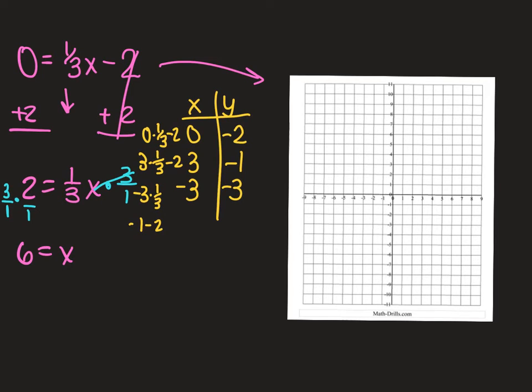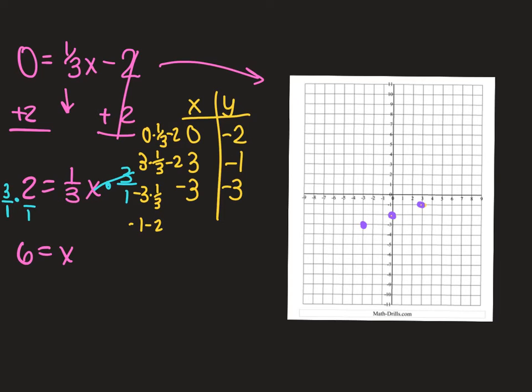So I've got my 3 dots and I can start graphing them. My first one is at 0, -2. Then I'm going to go 3, -1. Oh, shoot. 3, -1. I think I'll do this in purple so you can see it. And then -3, -3.